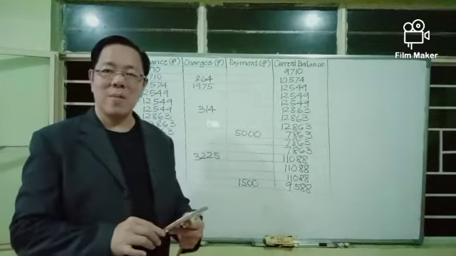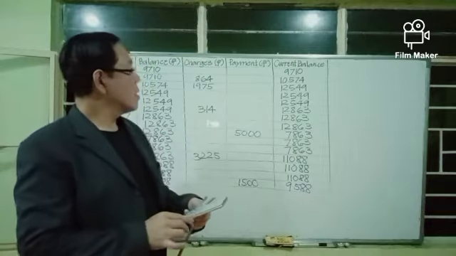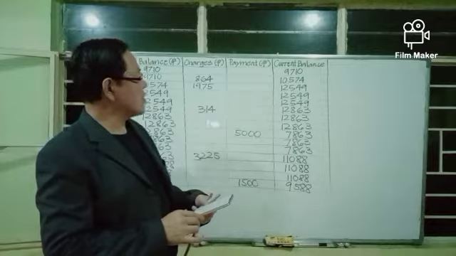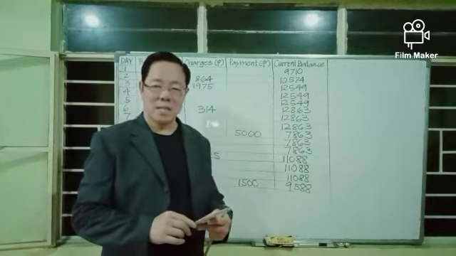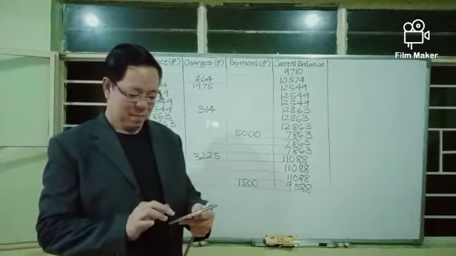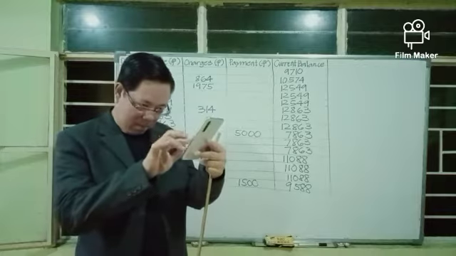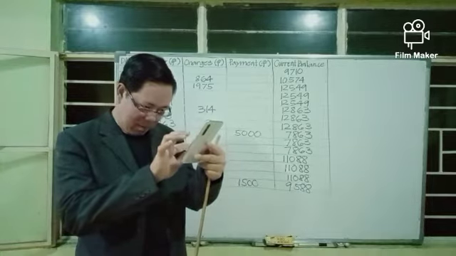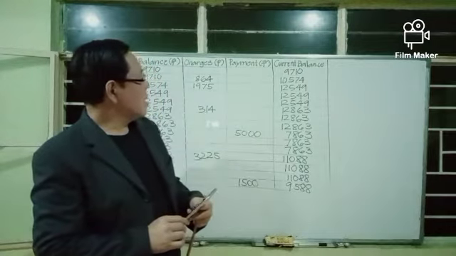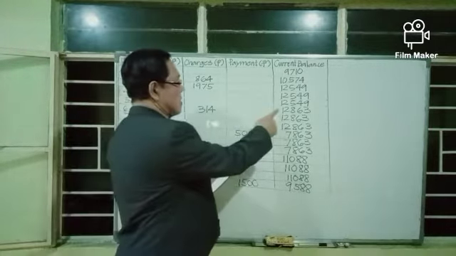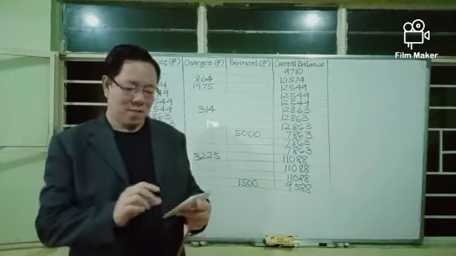Plus 10,574. Plus 12,549. That is, you add 12,549 3 times. Plus 12,863, and we add 12,863 3 times.